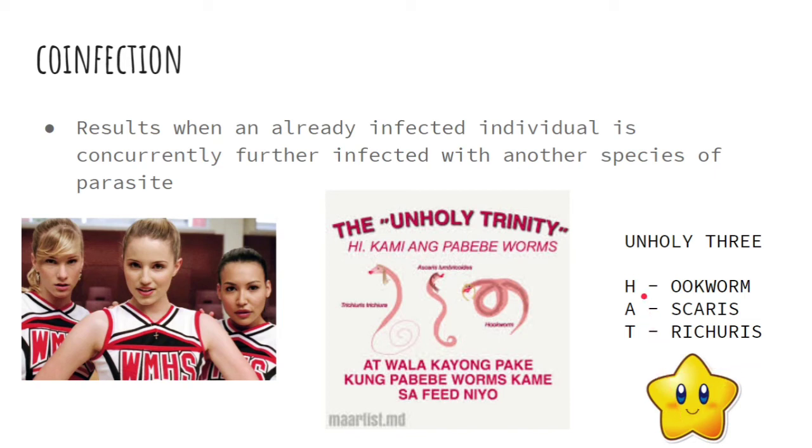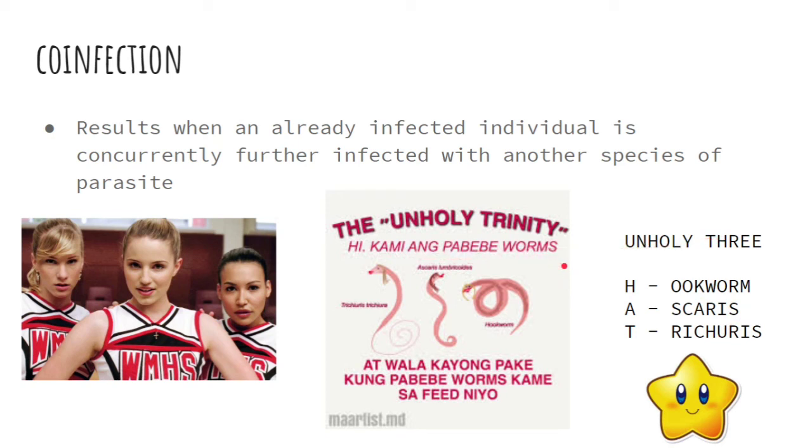Ano daw po yung unholy trinity? It can cause co-infection. So, pwede yan hookworm, Ascaris, Trichuris, HAT. Unholy three, HAT. HAT for hookworm, Ascaris, and Trichuris. So basically, pag sinabing co-infection, etong tatlong to, pwede kang ma-infect ng sabay-sabay. Okay? So may hookworm ka na nga, may Ascaris ka pa, may Trichuris ka pa. Kinumpleto ang unholy trinity.